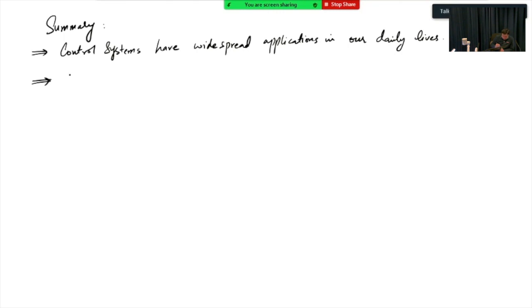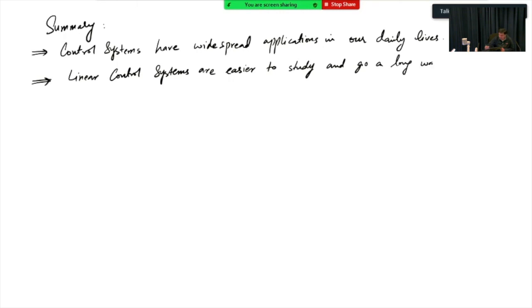So we also saw that linear control systems are easier to study, and these systems really go a long way in the design of stable systems.